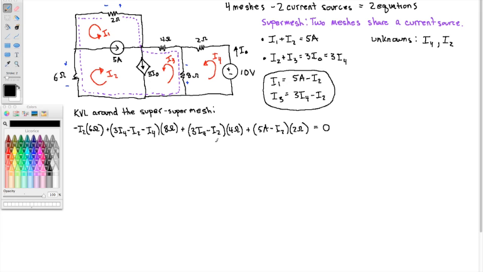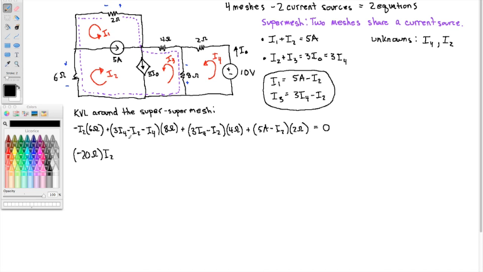Alright, so for I2 I've got a minus 6, a minus 8, so that's minus 14, and a minus 4, that's minus 18, and a minus 2, that's minus 20. Minus 20 ohms times I2.